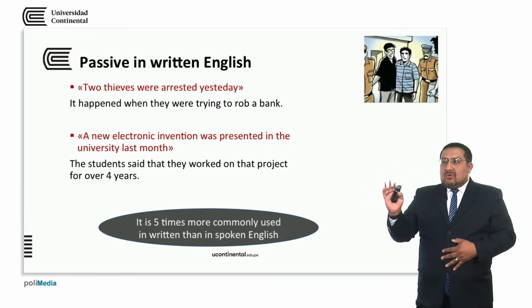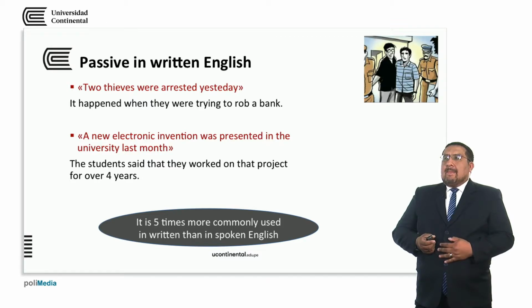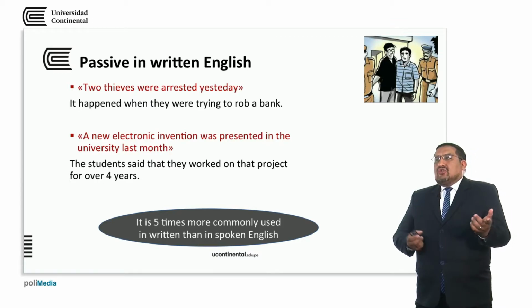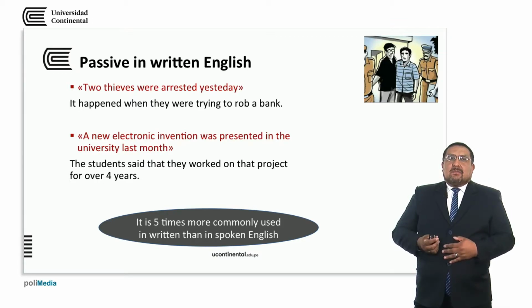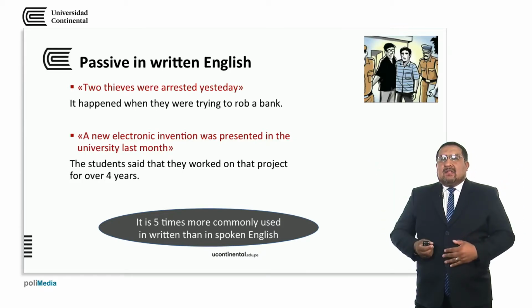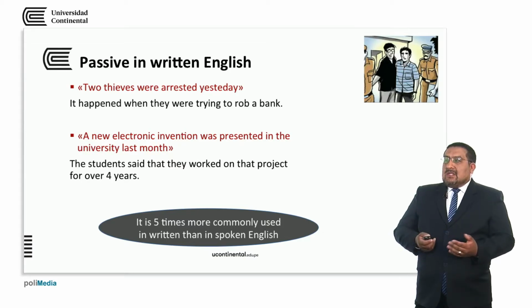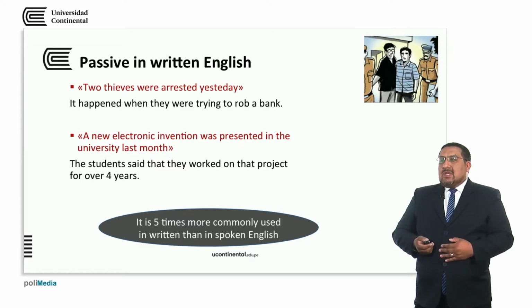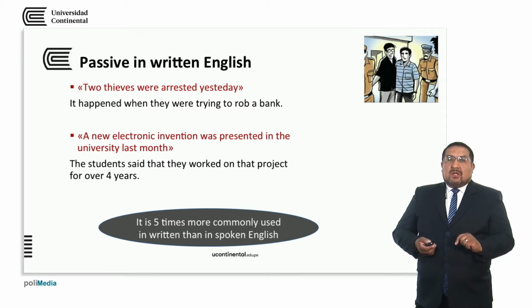No, that 2 thieves were arrested yesterday. A new electronic invention was presented in the university last month. Another big headline, probably in the news, on the media. The students said that they worked on that project for over 4 years. Remember, it is 5 times more commonly used in written English than in spoken English.